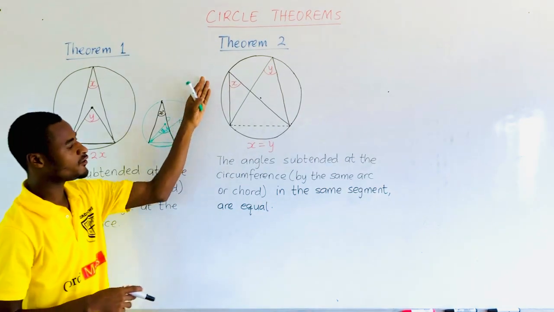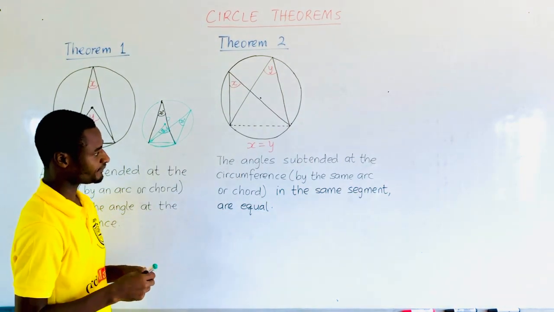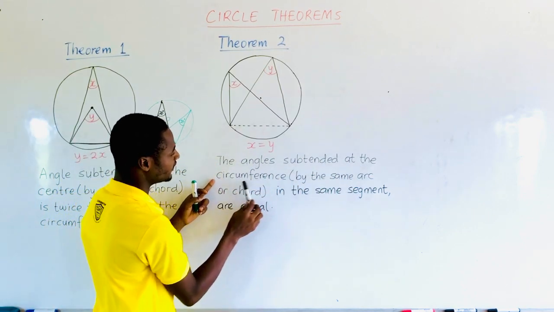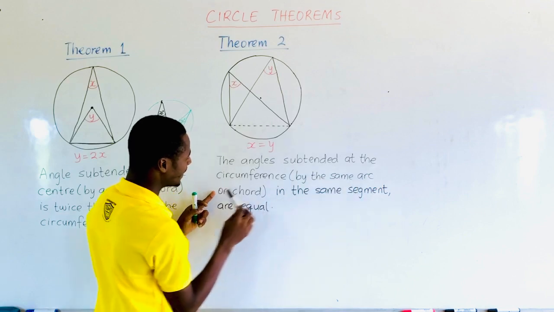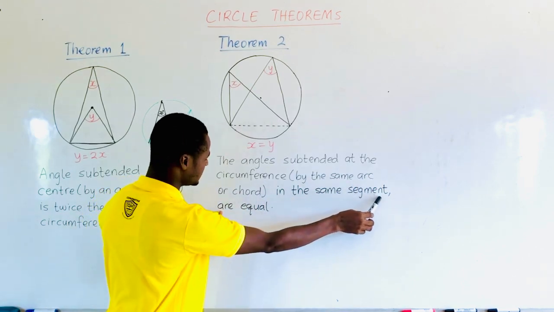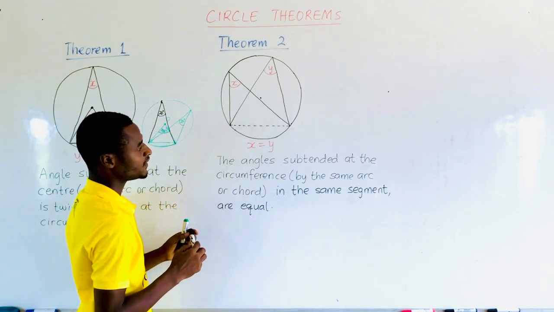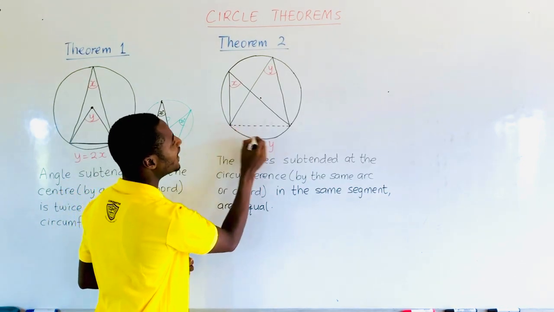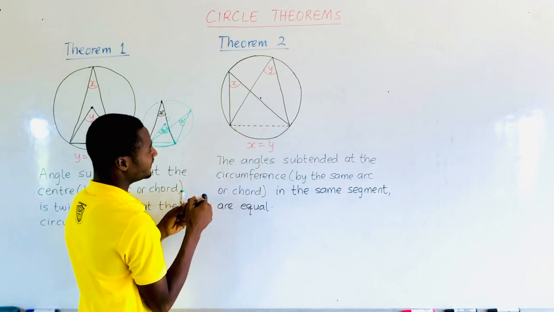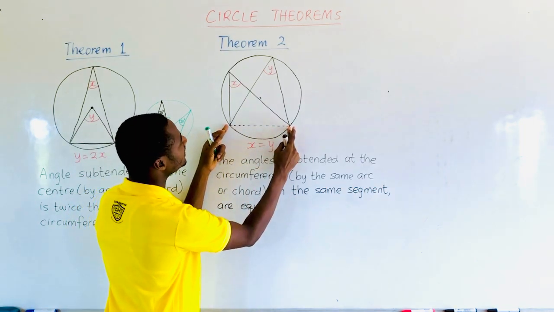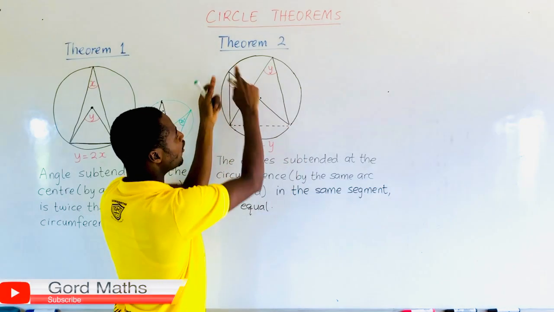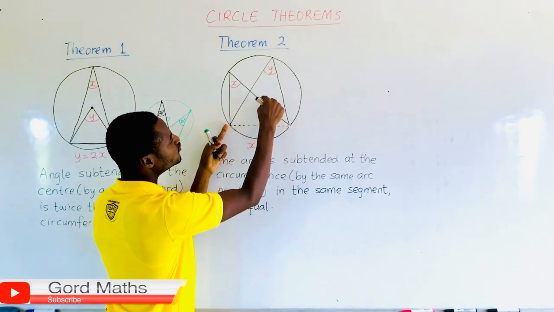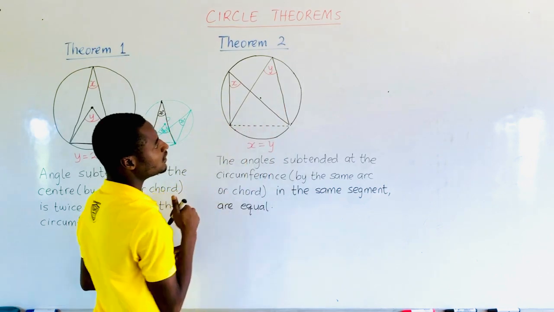Now, the second theorem of a circle is that the angles subtended at the circumference by the same arc or chord in the same segment are equal. So if we have a circle and then an arc or a chord is drawn, then the angles subtended by that arc or chord should be equal, whether that arc passes through the center of the circle or not.